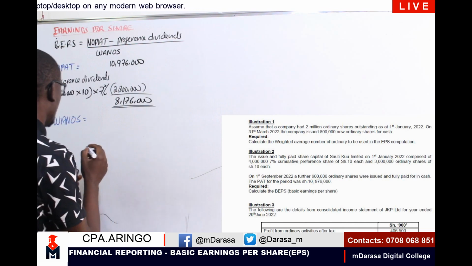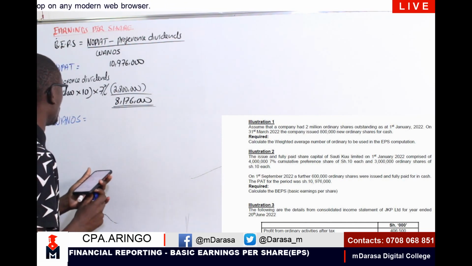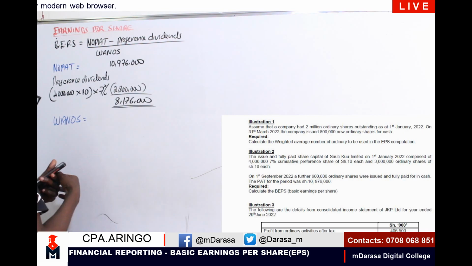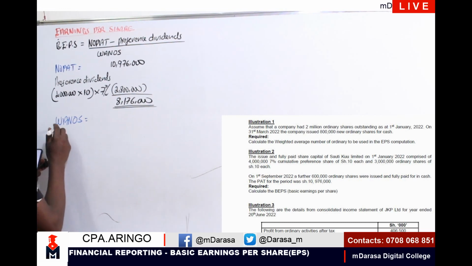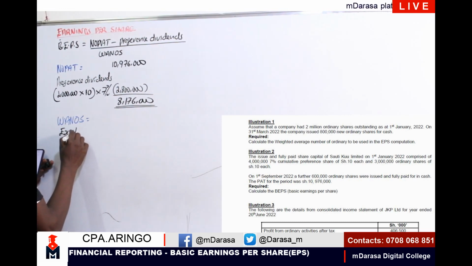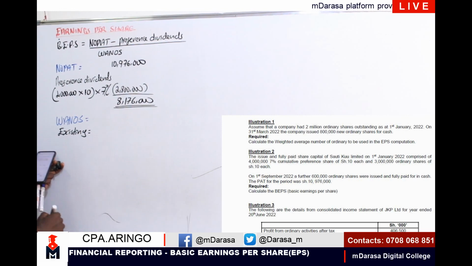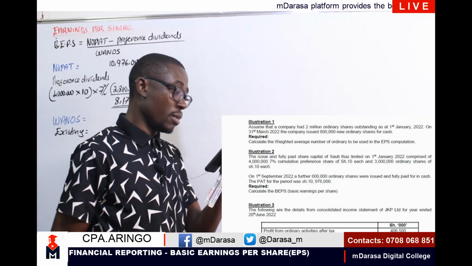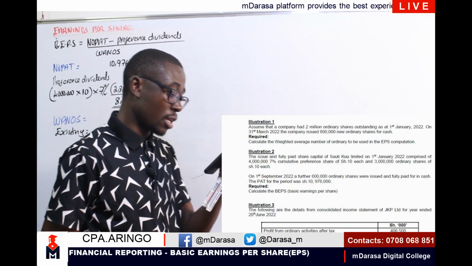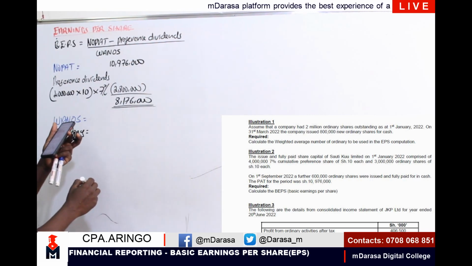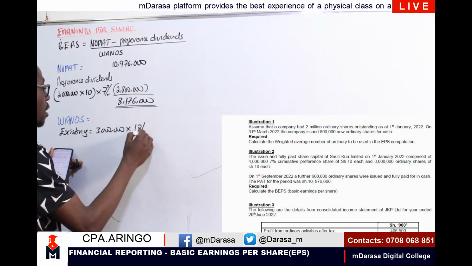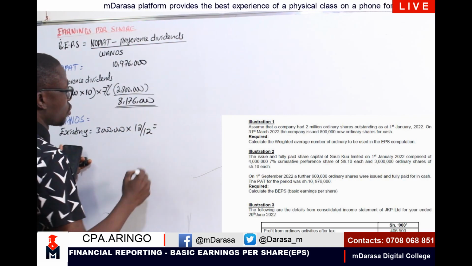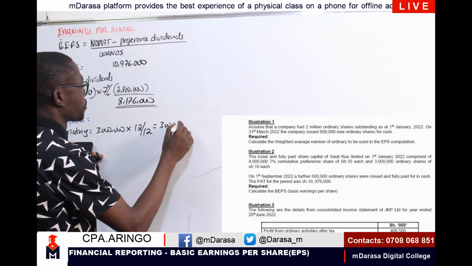This is the existing number of ordinary shares, there for the whole period, so times 12 of 12, which gives us 3 million.